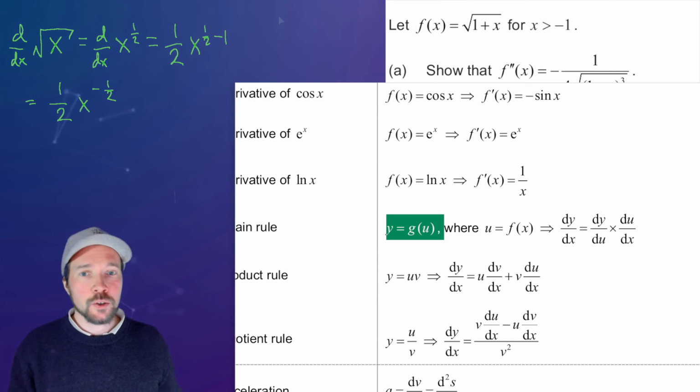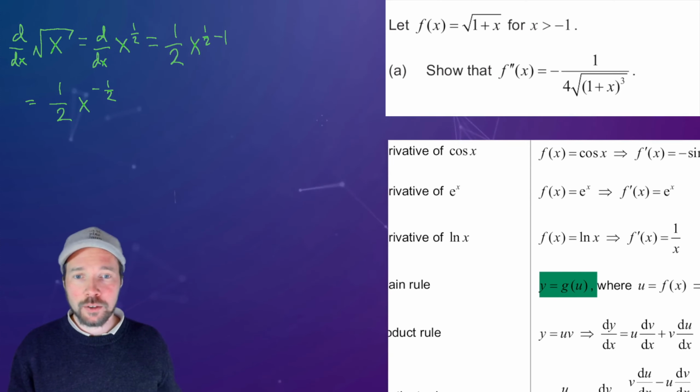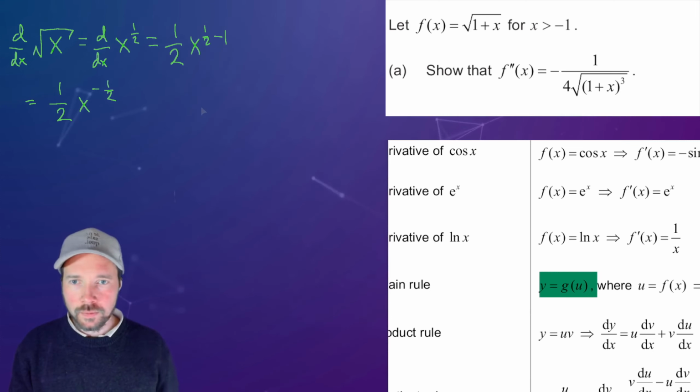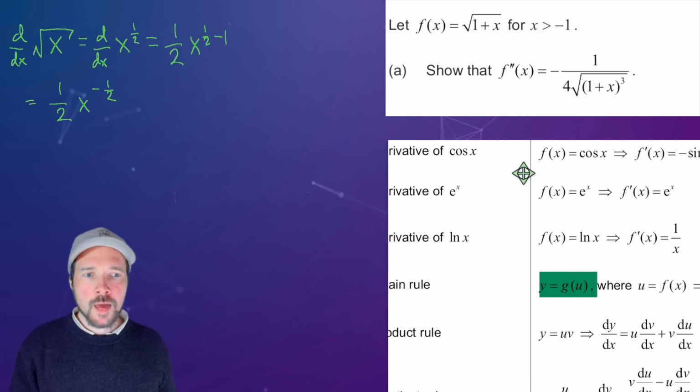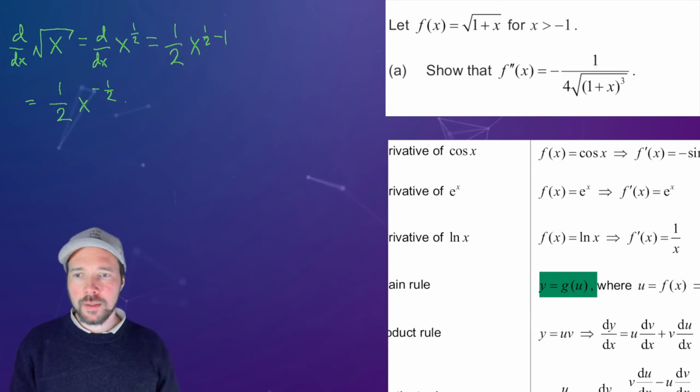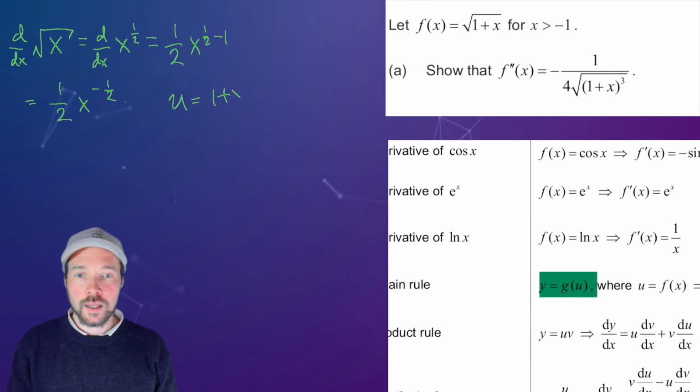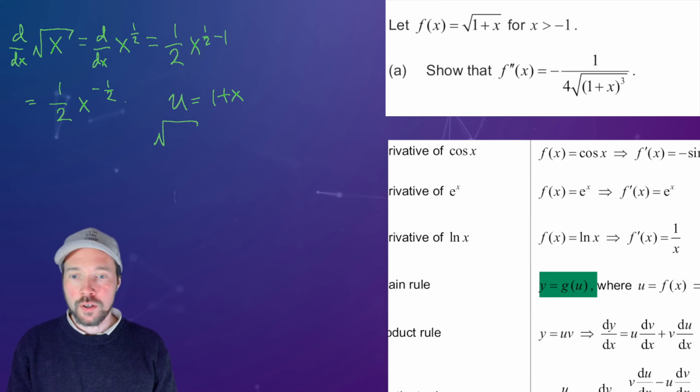So chain rule applied to this case is simply, okay, so what is our u? Our u is 1 plus x, so our function is square root of u.